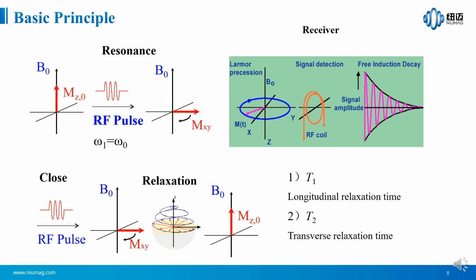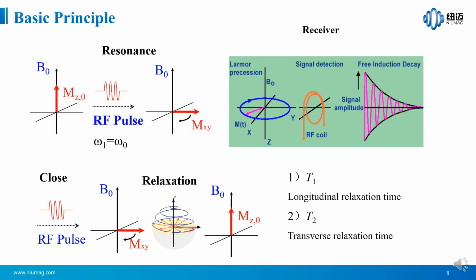When the external force is removed, the spring will return to its original state. The deflection of the longitudinal magnetization vector is similar to that of the spring. When we turn off the RF pulse, the deflected magnetization vector returns to its original state. This process of recovery is called relaxation.